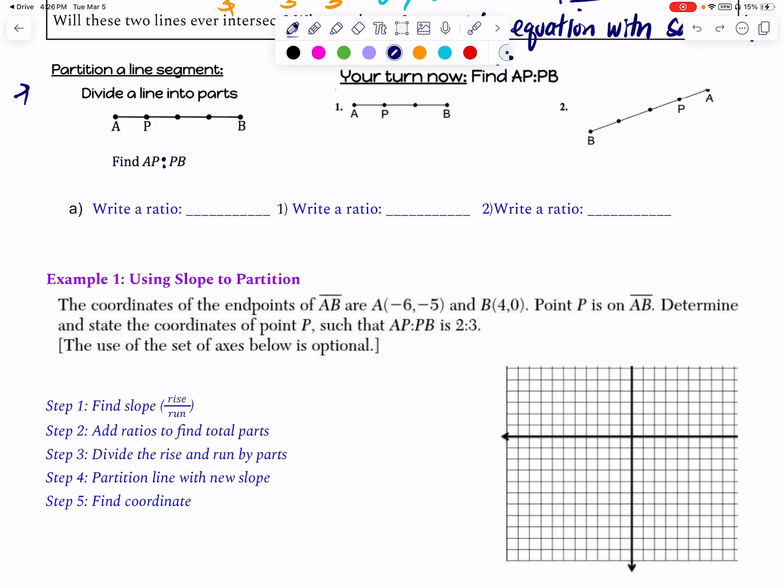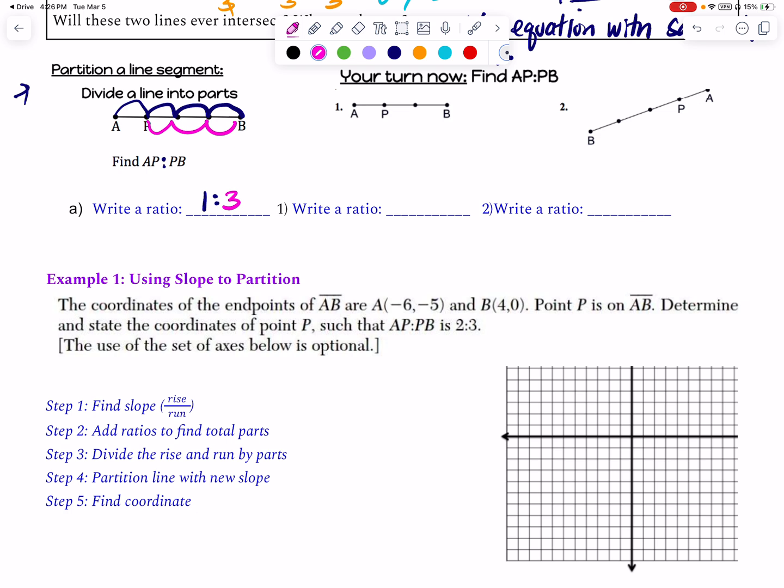Now, let's see how many parts there are. 1, 2, 3, 4 parts. So AP is one of those parts, and PB is 1, 2, 3. So the ratio is 1 to 3.